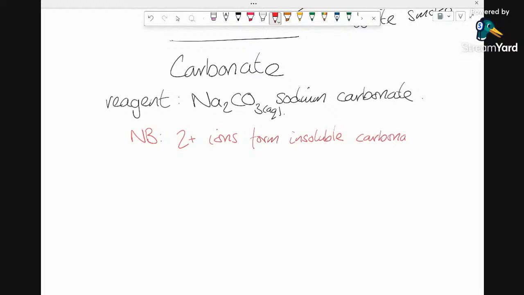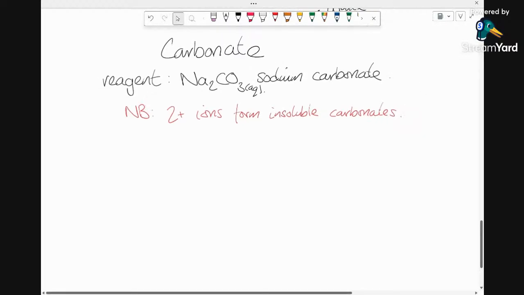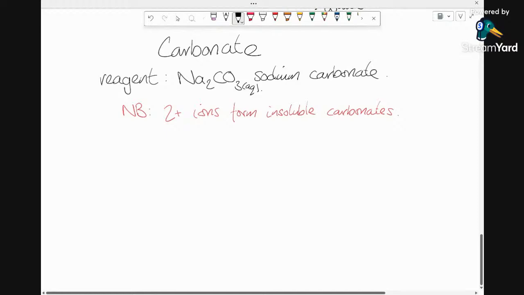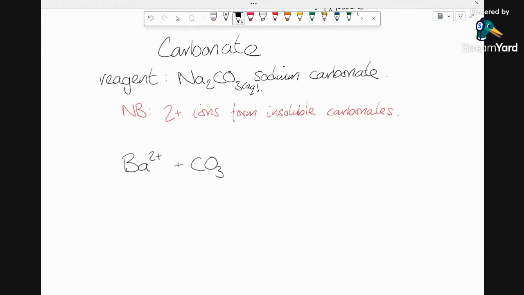Okay, now I know that doesn't really mean much. Let me show you what I mean. Let's grab all of our 2+s. Let's go for barium 2+, which we could flame test and get pale green. If I added to this a carbonate ion of CO3 2-, that's the carbonate ion, I will form insoluble barium carbonate, which is white, a white PPT.